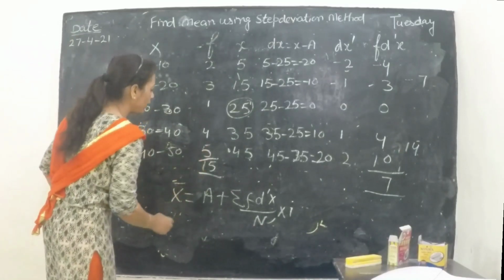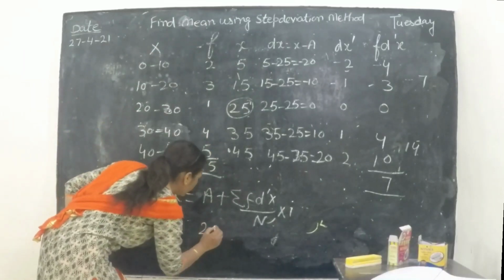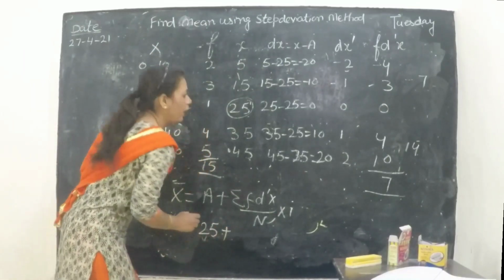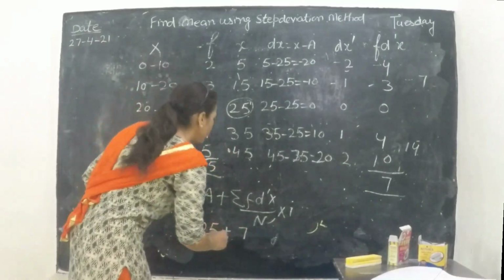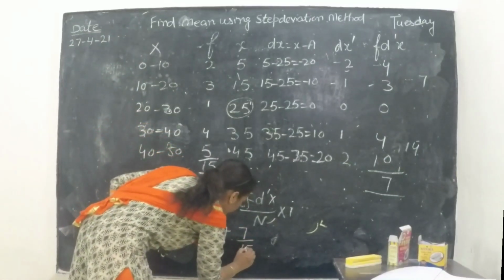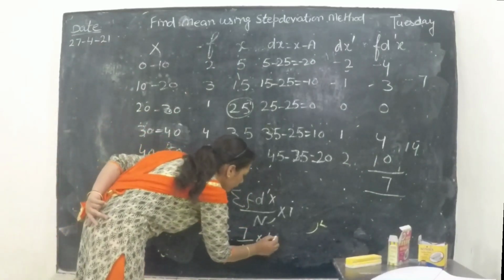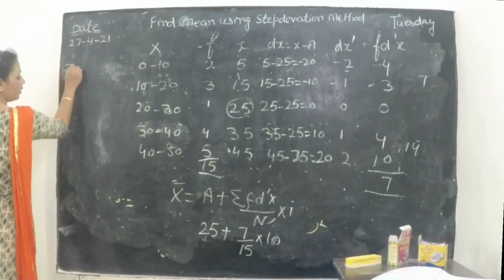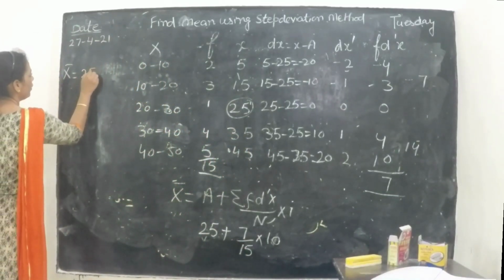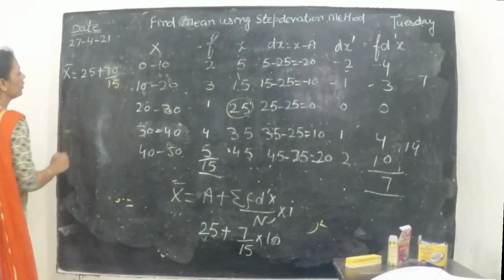Here a is 25, summation f d dash x is 7, n is equal to 15 and the value of i is 10. So we will get x bar is equal to 25 plus 70 over 15.